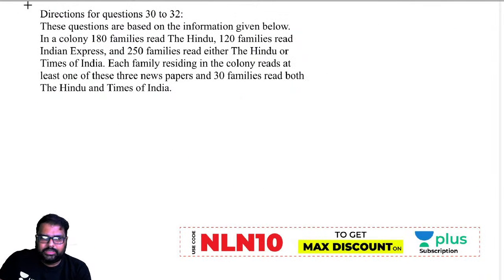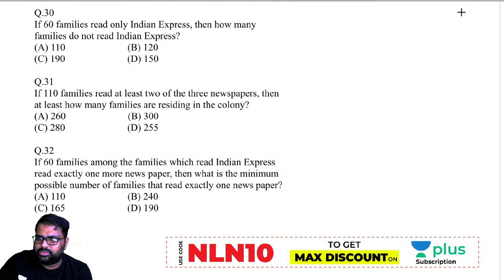Right. Now observe this question there. These questions are based on the information given below. In a colony, 180 families read Hindu, 120 families read Indian Express, and Times of India. So I'll write down the circle here, so that we cannot move back and forth again and again.